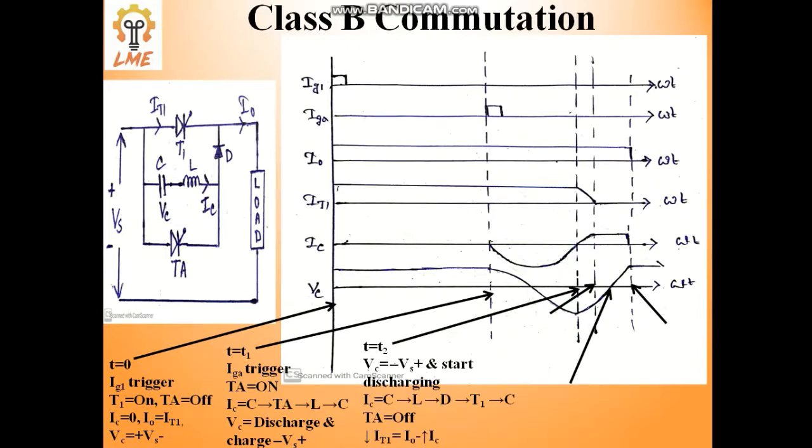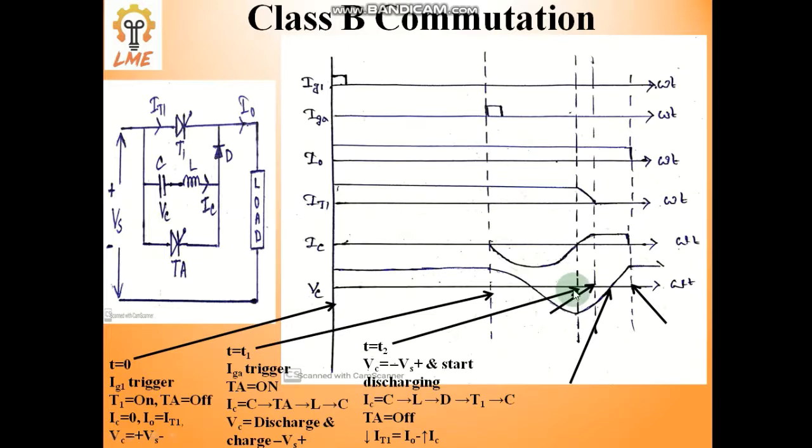Now we are considering this particular time period, t equal to t2. At this time the capacitor is fully charged with negative polarity, meaning the left plate is negative and the right plate is positive.